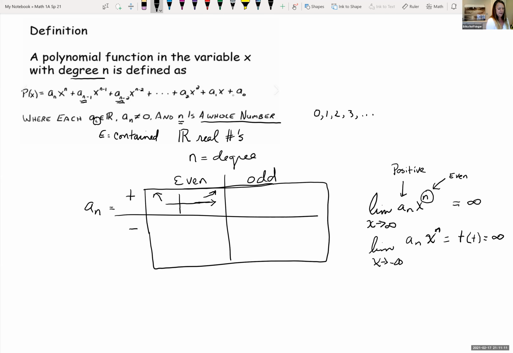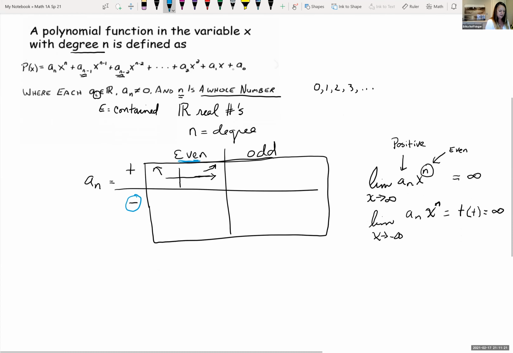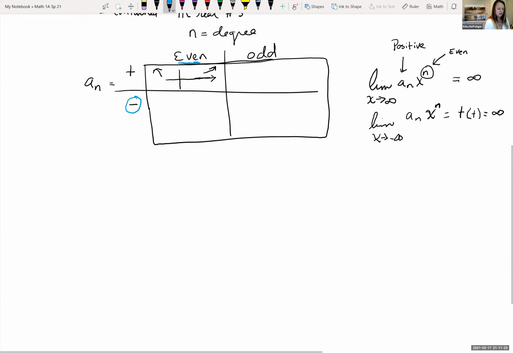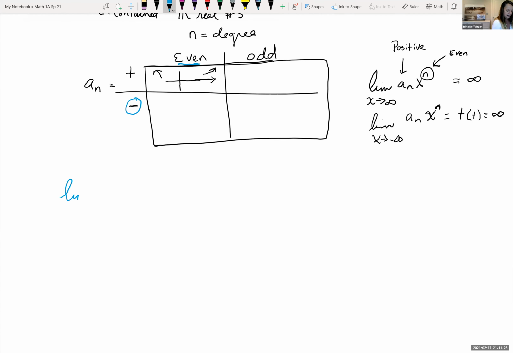So that was one case scenario. Let's look at it when a sub n is negative and our degree is even. Okay, so I'm looking at the limit here. Maybe let's go left to right. So x going to negative infinity of a sub n x raised to the nth. And again, a sub n, we're going to say, is a negative number. So negative coefficient in front, and n is even.